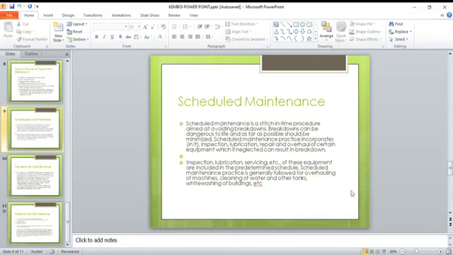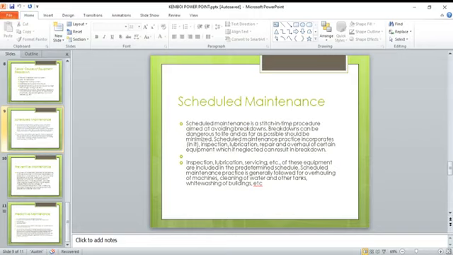Let's see another type, that is scheduled maintenance. In this type of maintenance, scheduled maintenance is a stitch in time, which aims to avoid breakdown. This is whereby you schedule, maybe after 2 weeks you do maintenance, after 1 week you do, it will depend on the type of production and the company itself.